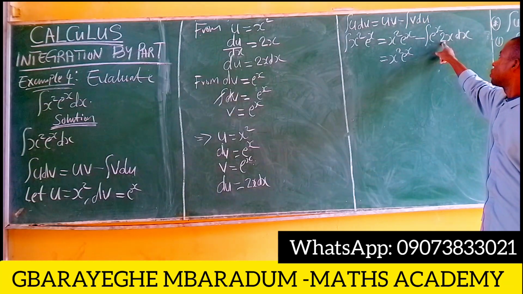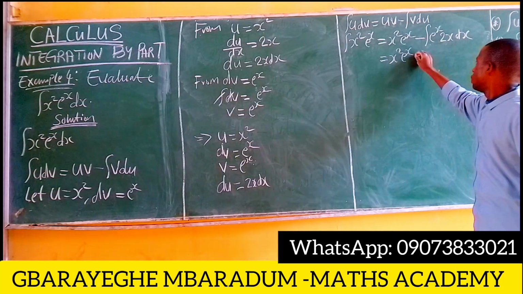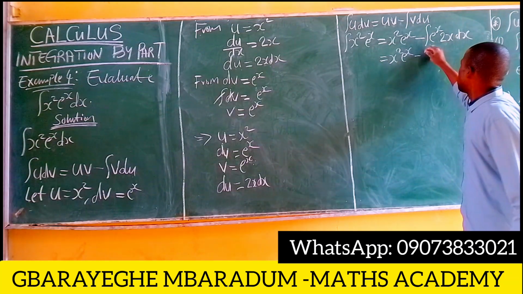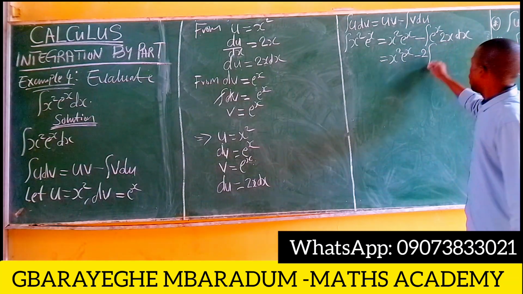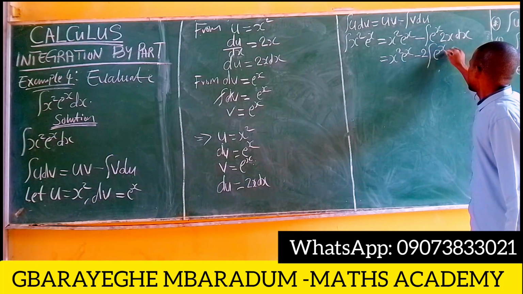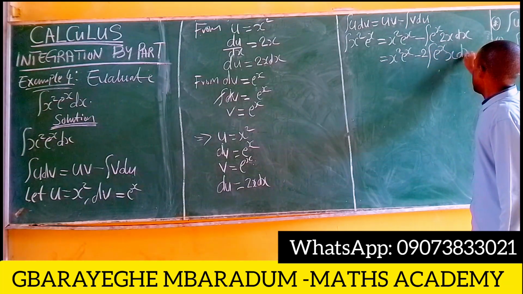Bring out the constant 2 out of the integral sign. So we still have our minus here, and we have 2 times the integral of exponential x times x dx.